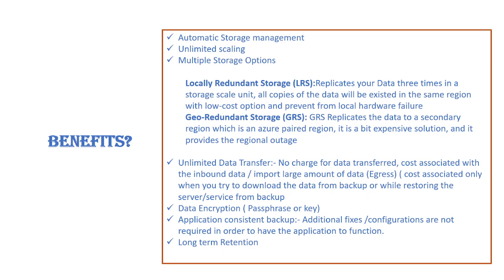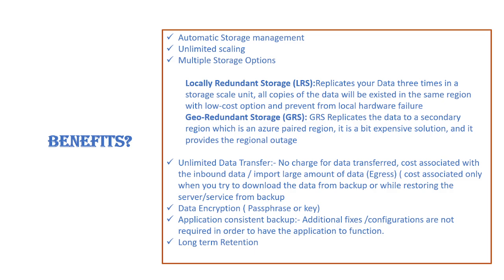Geo means geo-redundant storage, GRS we call it. It replicates the data to the secondary region, which is an Azure peer region. If you keep your data in, for example, Western Europe as your primary region, there will be a peer region, maybe India or Northern Europe.